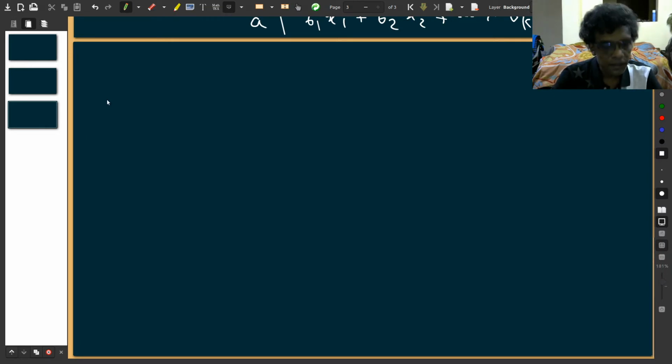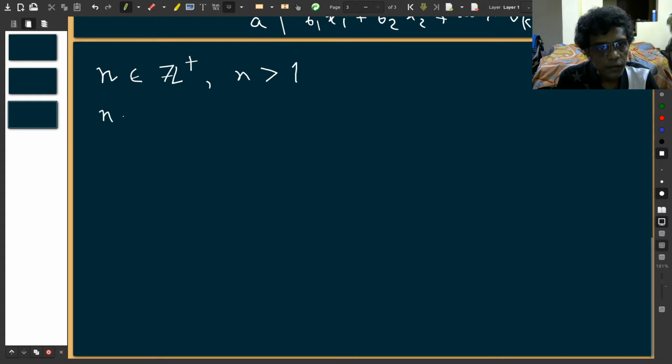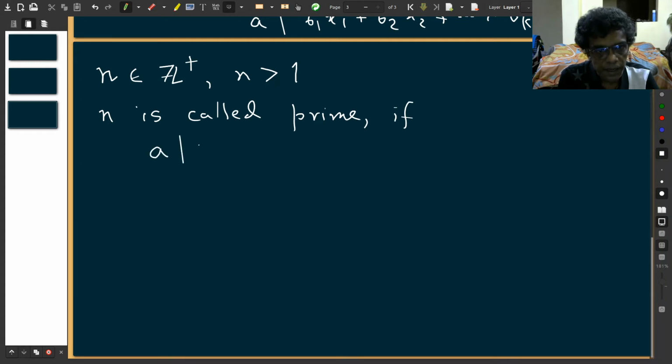Okay, so now that we have a notion of divisibility, let us take a number n in Z plus, and let's say n greater than 1. N is called prime if a divides n implies a is either 1 or a is n.